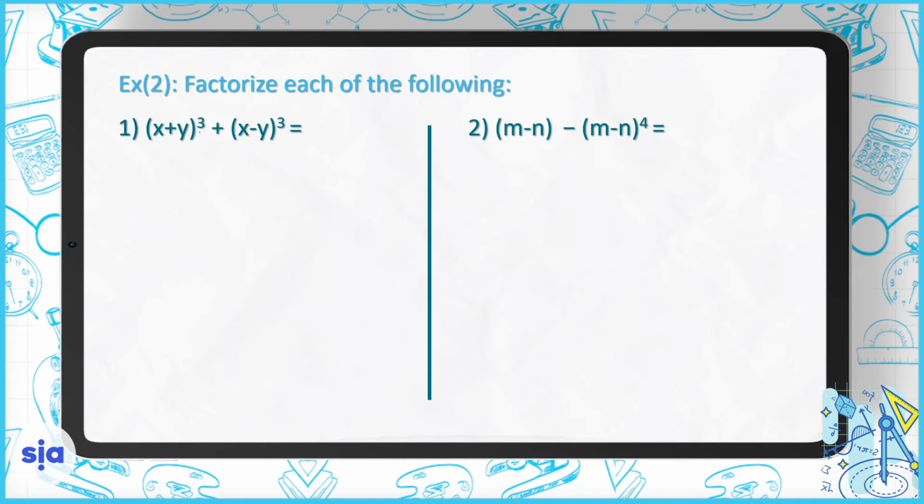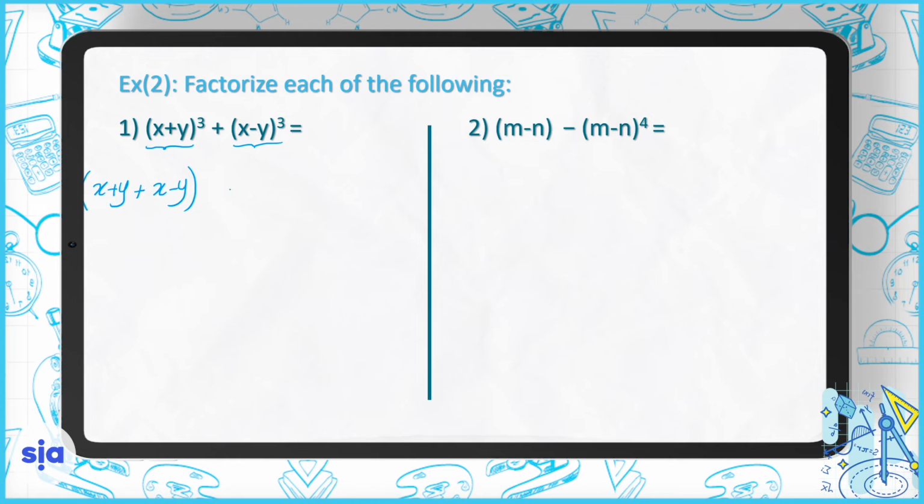Exercise number 2. Factorize each of the following. Here we have this whole bracket as one term and this other bracket as another term. So to do this, it's x plus 1 plus x minus y. These are the two brackets.